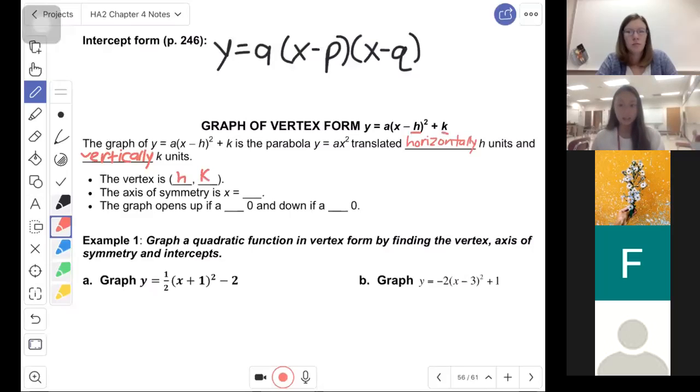We'd use that axis of symmetry to find the y value, and that axis of symmetry was part of the vertex. So what do we think our axis of symmetry here is if we know our vertex is HK? What's our x value here in the vertex? Madison, what's our x value here in the vertex?